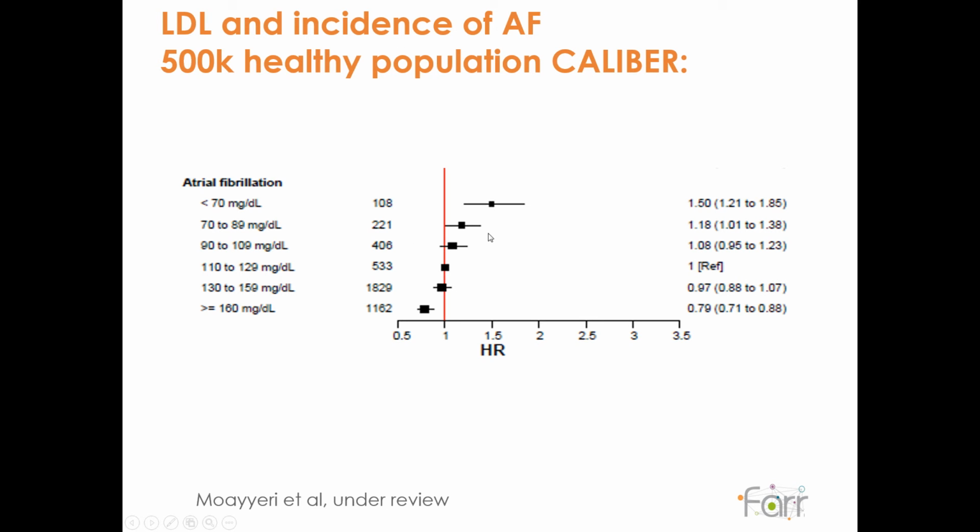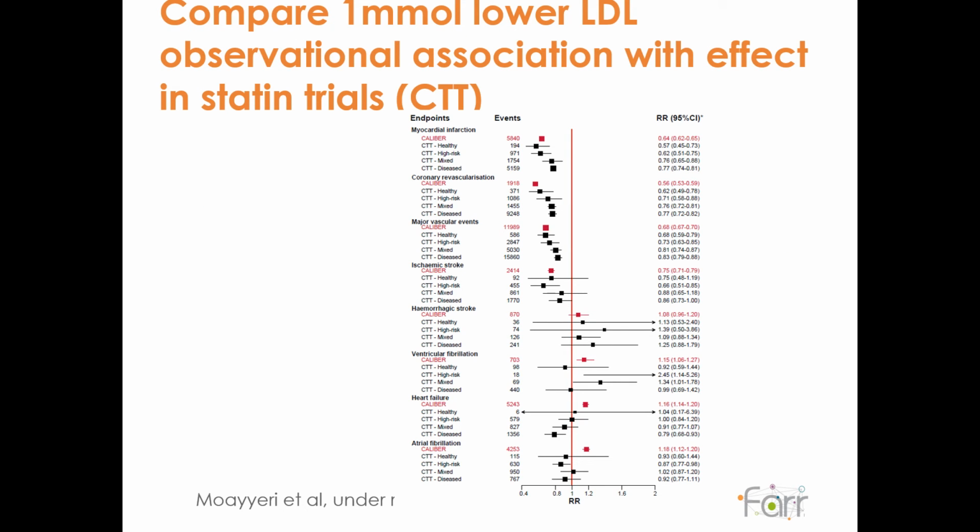So lower LDL cholesterol is associated with higher risk of incidence of atrial fibrillation. To what extent is that consistent with the available trial evidence? And I would say it is consistent with the available trial evidence.